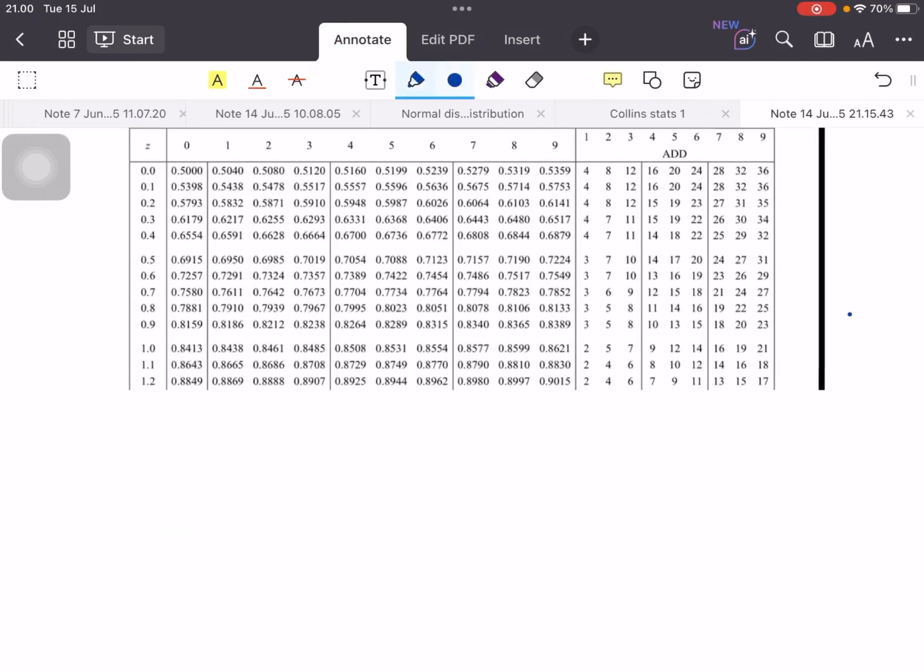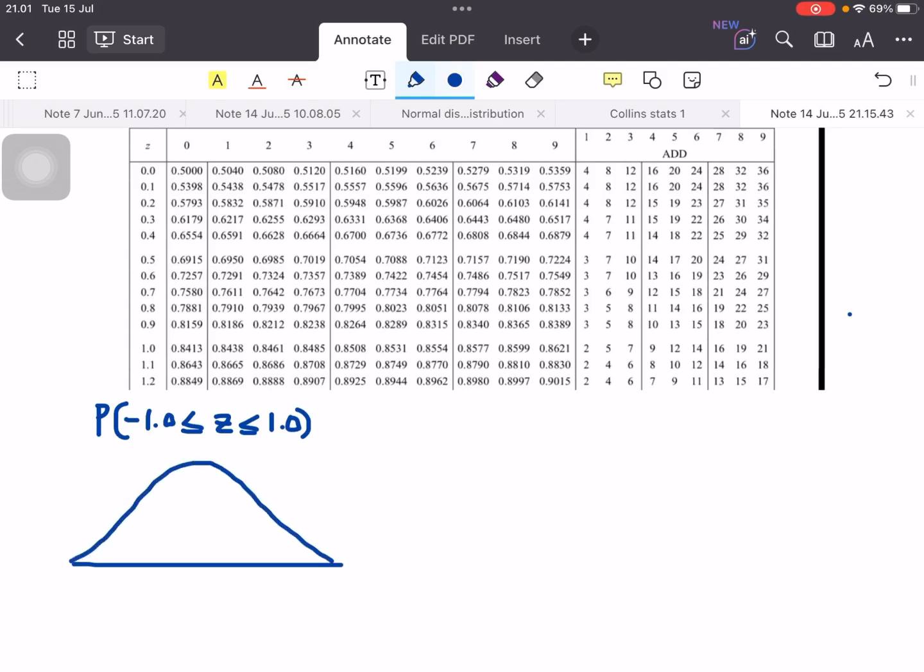This is the last example in this video. For this last example, you are asked to find the probability that the value of z lies between negative 1.0 until 1.0. So if we draw the diagram, it will be like this one.